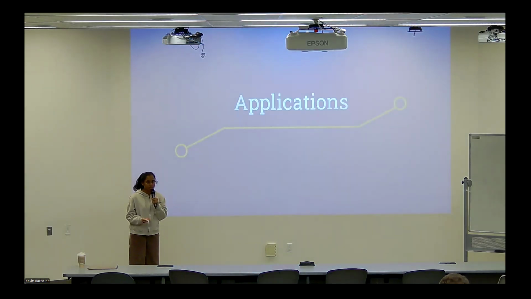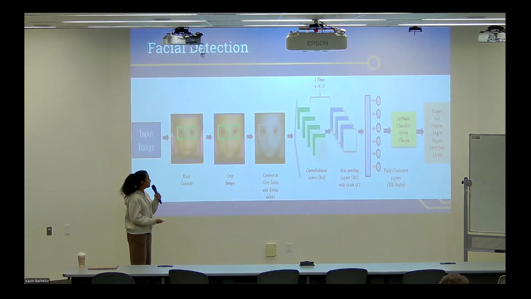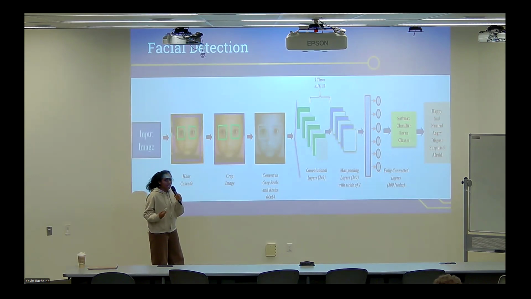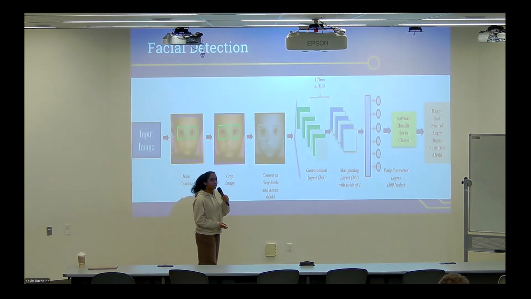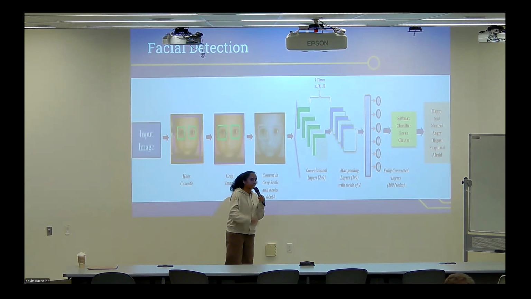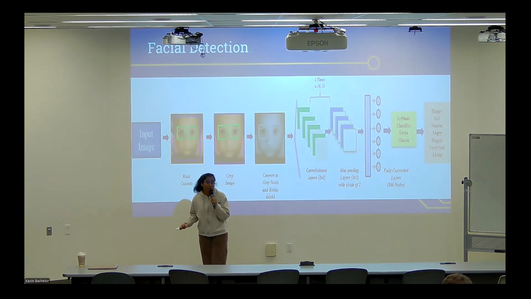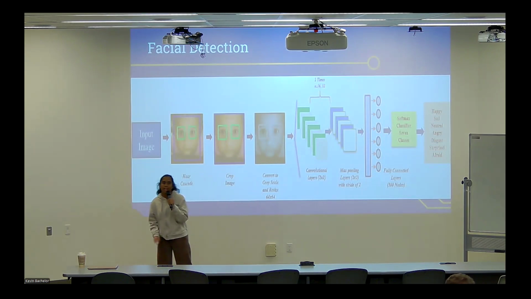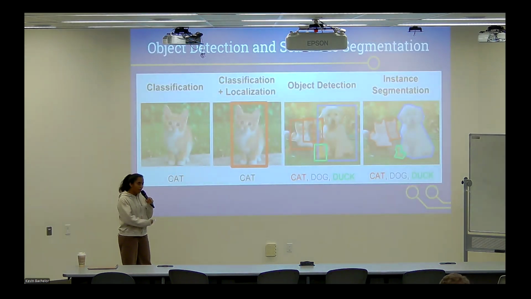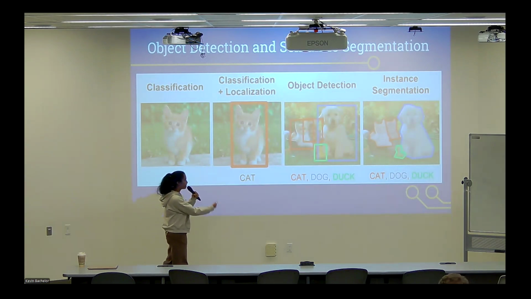So what are some applications for CNNs? Well, as you might have guessed, obviously, facial detection. It's really great for facial detection. In general, image detection. CNNs are really good for detecting what's in an image, classifying, is this a dog or is this a cat? Again, object detection, is this a cat, is this a dog, is this a duck?